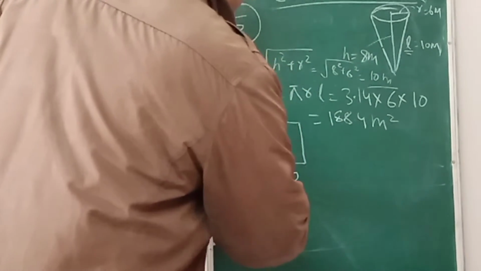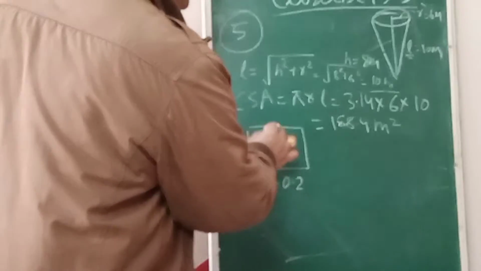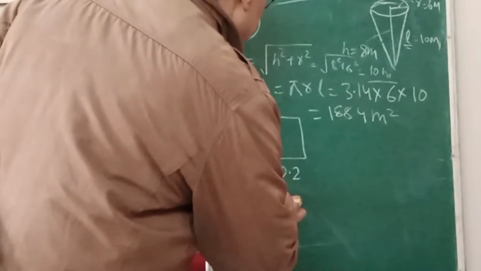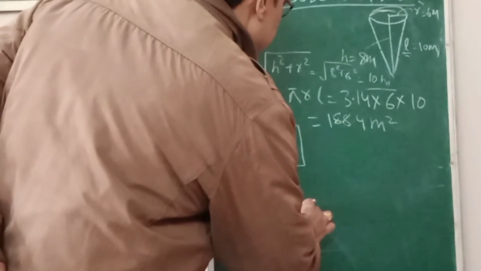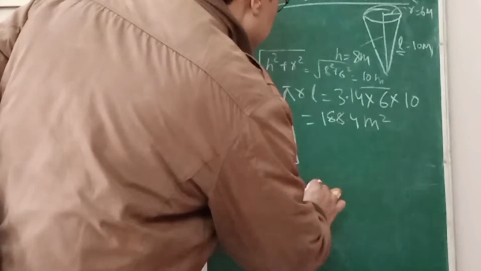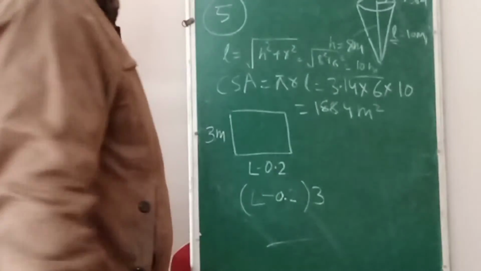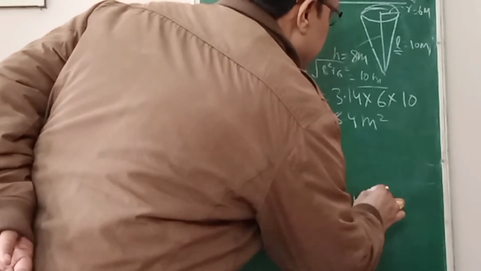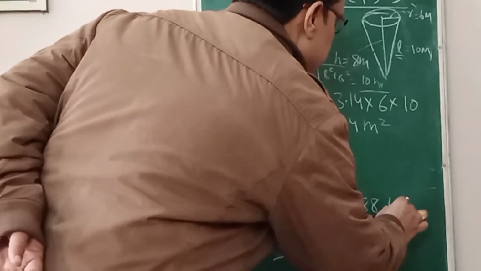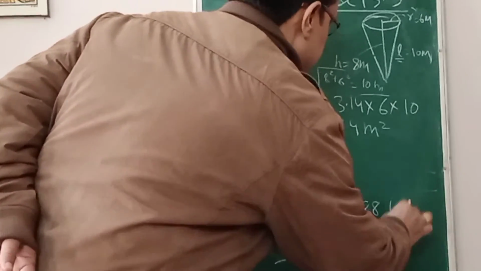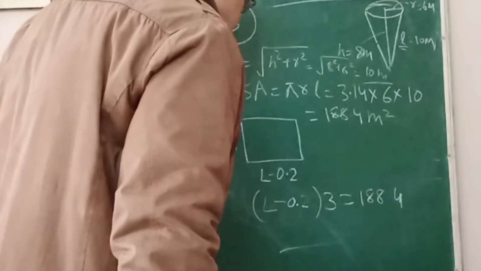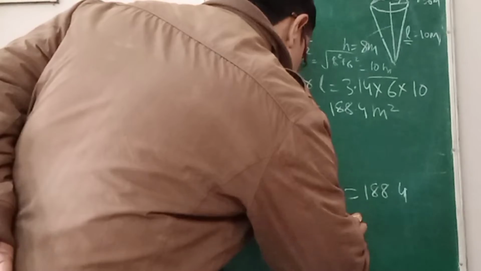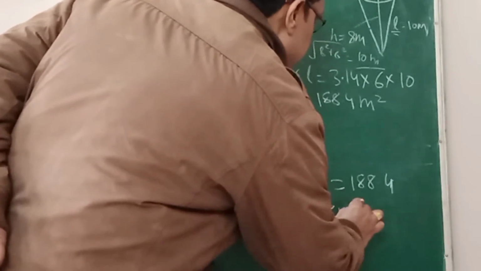So the area of this tarpaulin should equal this CSA. So L minus 0.2 into B, this area of the tarpaulin sheet should be equal to 188.4, and we need to find out L, which comes out at 63 meter.